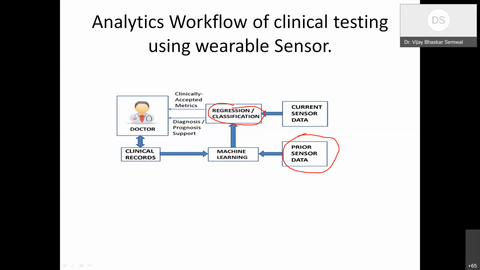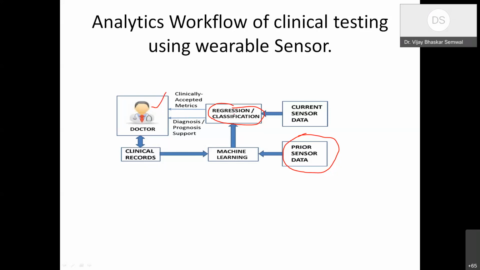Now the time is coming where new sensory data is coming in currently, and for this we have to test which category the data belongs to, whether the person is healthy or unhealthy. So the already built and trained model with higher accuracy is there. Current sensor data is passed, and that output is also going to be consulted by the doctor. It is not that the machine learning model predicts and that is not validated by the doctor.